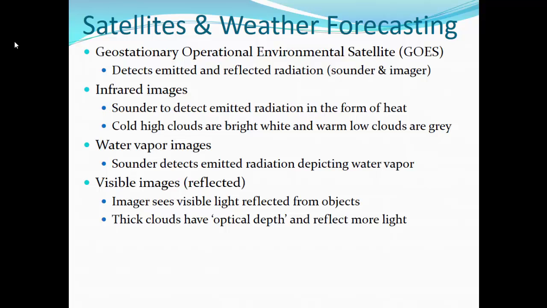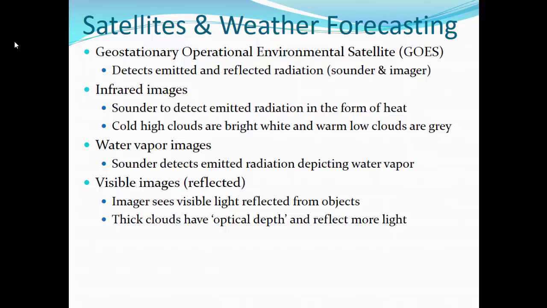And then the second thing that the sounder can detect, the second type of emitted radiation, involves water vapor. So the GOES satellites can give us infrared or water vapor imagery based on emitted radiation in the sounder, and then visible satellite imagery based on reflected radiation from the imager.